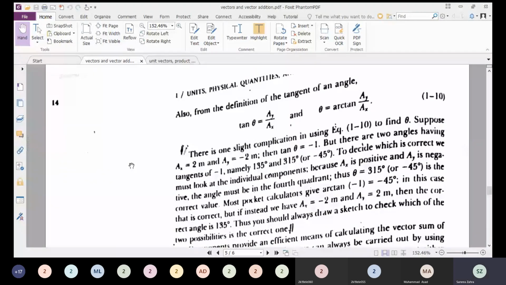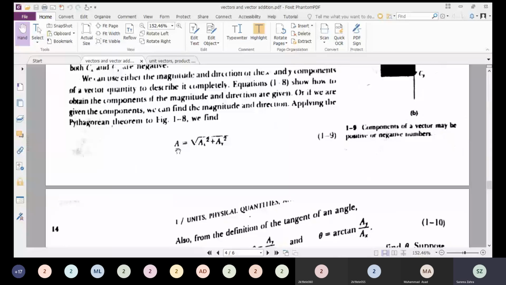Okay, now we have to find the angle of the resultant vector. Before that, we must know how to calculate the magnitude. You are very much familiar with this formula, which is A. Here, this A is for magnitude. It is not in bold letters.